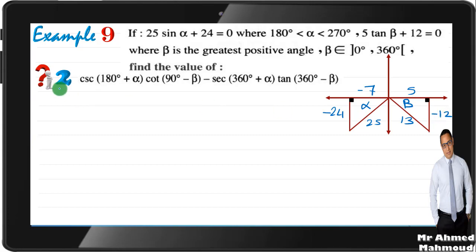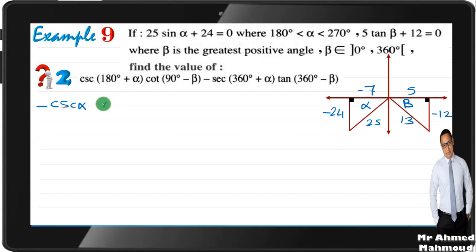Okay, here cosec of 180 plus alpha. 180 doesn't change the function, so it will be cosec alpha. But 180 plus alpha is in the third quadrant and the cosec is negative in the third. So it is negative cosec.